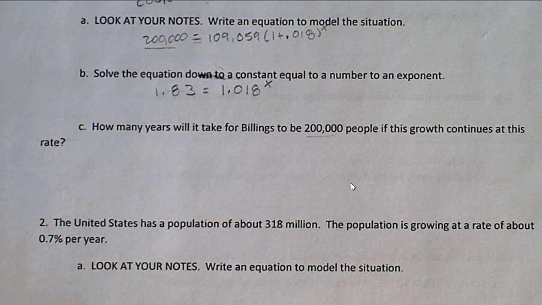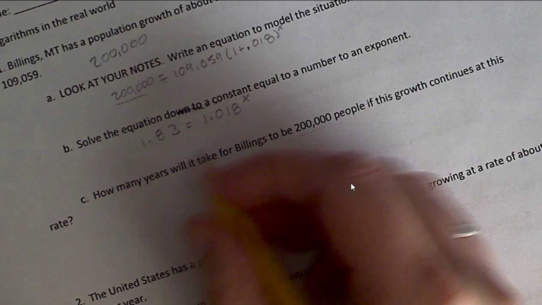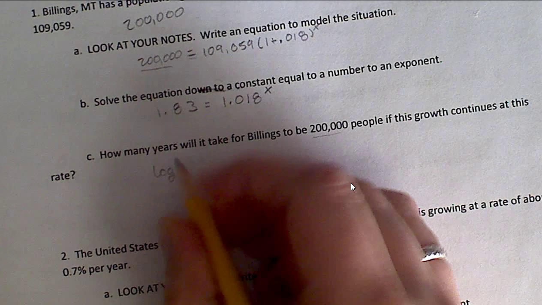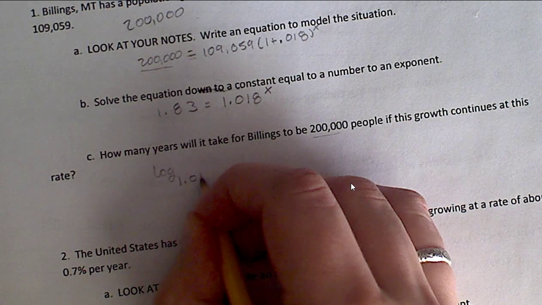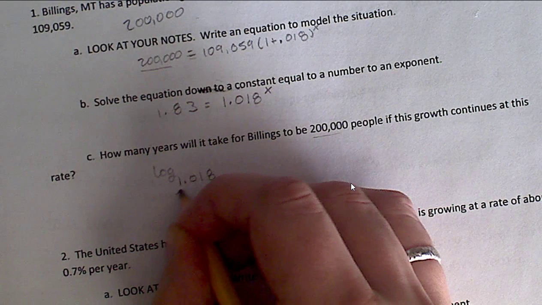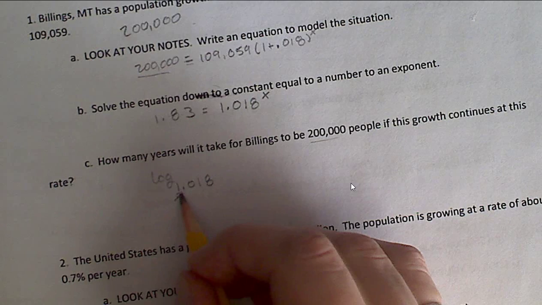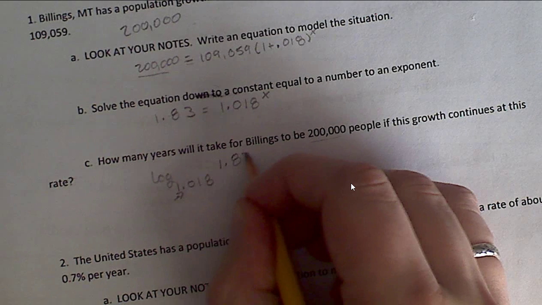So when you rewrite this as a log, what would it look like as a logarithm? Log base 1.018. I call this the little one, so it's not the little size of the number. It's this one, and then this is 1.83 equal to x.